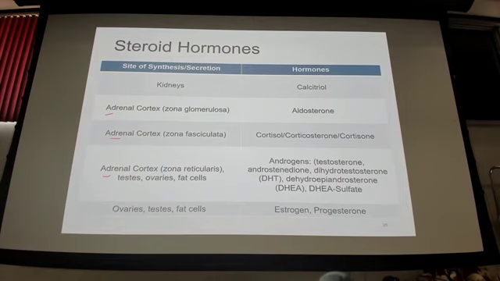The other thing about these, and again, there are always exceptions, is the O and E endings: testosterone, progesterone, right? That suffix usually will lead you to the fact that this is a steroid hormone, okay? Make sense?